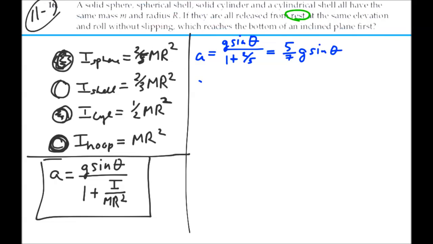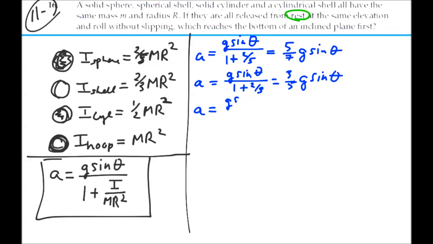For a shell, g sine theta over 1 plus 2/3, which would be 1 over 5/3, which would be 3/5 g sine theta. For the cylinder, acceleration will be g sine theta over 1 plus 1/2, which would be 1 over 3/2 or 2/3 g sine theta.